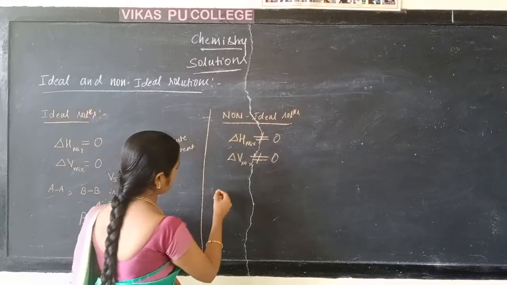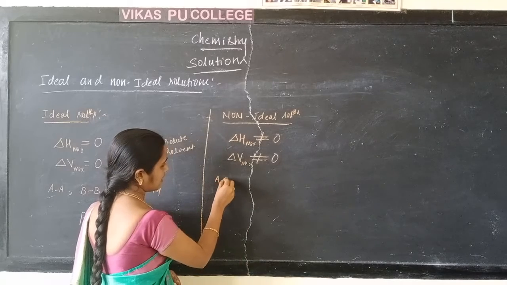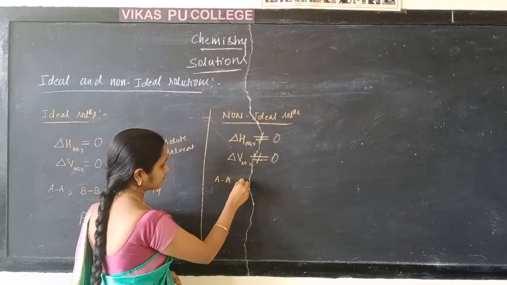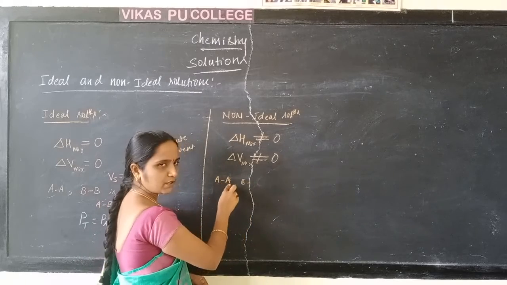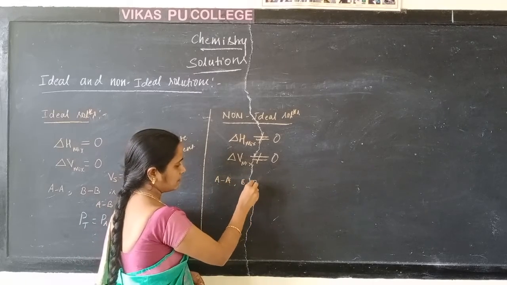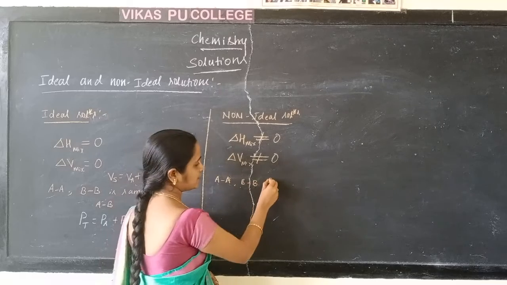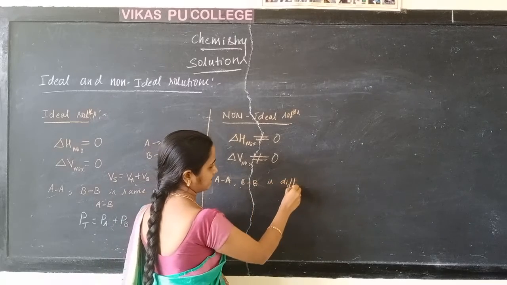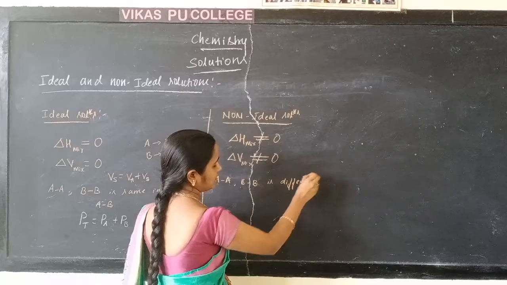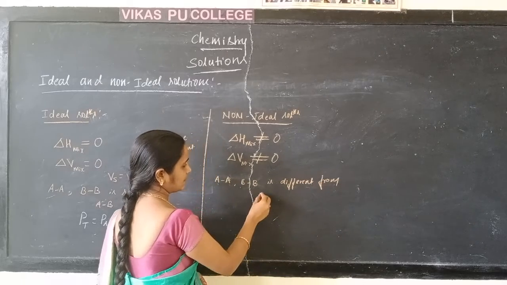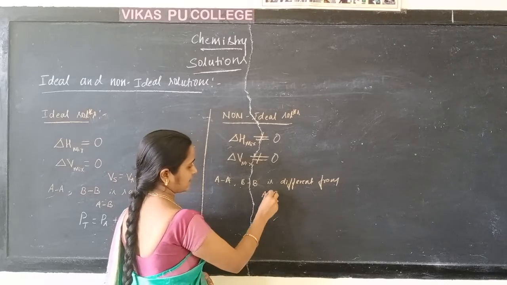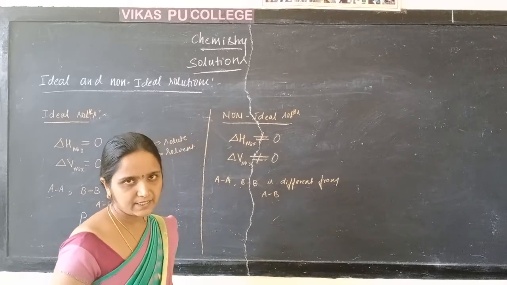Then the interactions, that is the AA interaction and the BB interaction, the solute-solute interaction and the solvent-solvent interaction, are different from the AB interaction, the solute-solvent interaction.